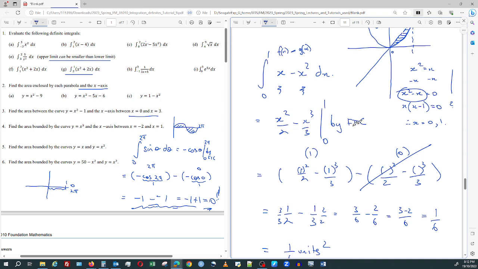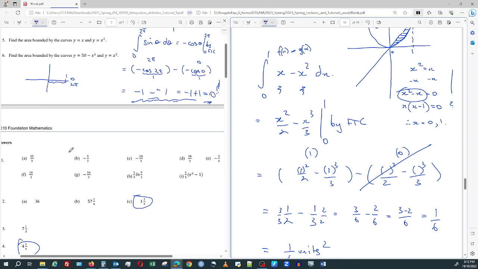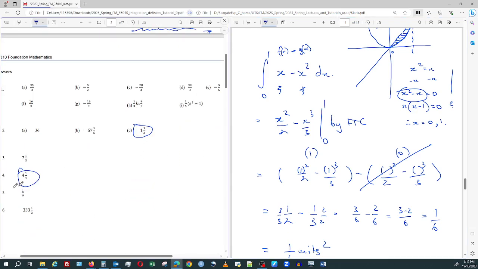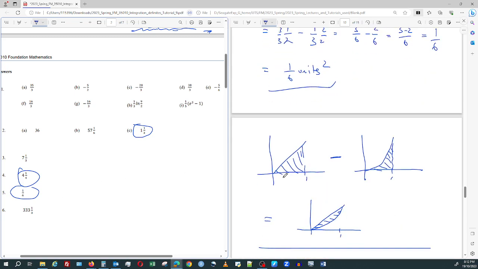So up and under by FTC, doing the scaffolding for the square and the cube, that's got a 0, so we can dismiss it. But then you've got these annoying numbers. Adding fractions never goes away. So 1/6 units squared, and we get 1/6 units squared there. Okay, so it's very important that you follow along in making sure that you're making choices.